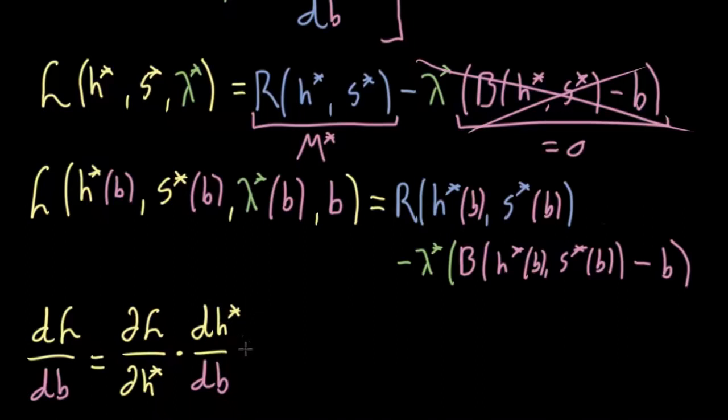But don't worry about it. You'll see something magic happen in just a moment. And then we add in the partial derivative of L with respect to that second variable, S star, multiplied by the derivative of S star with respect to B.